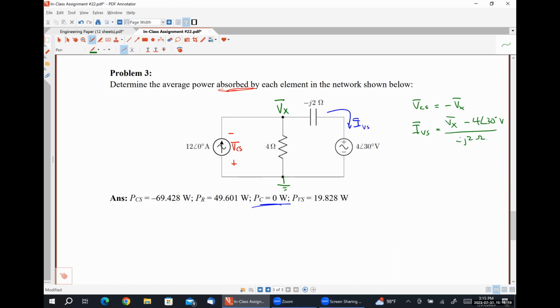So if I know Vx in 2 steps, I will be able to get all of the other information that I need. So to solve for Vx, I'm going to write KCL at this node.